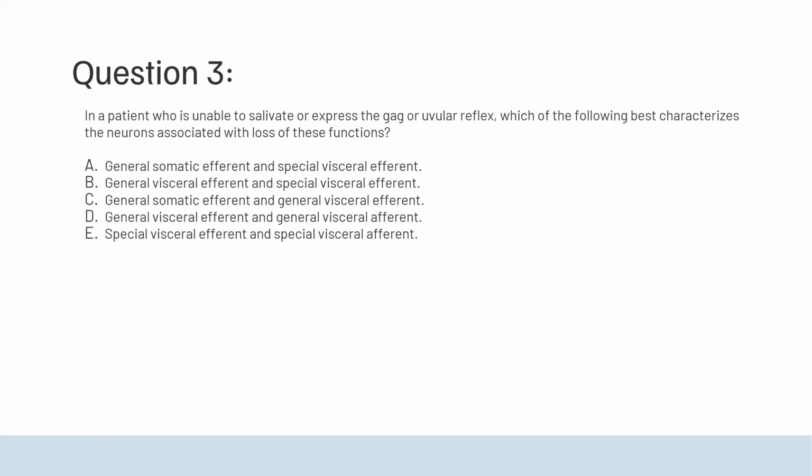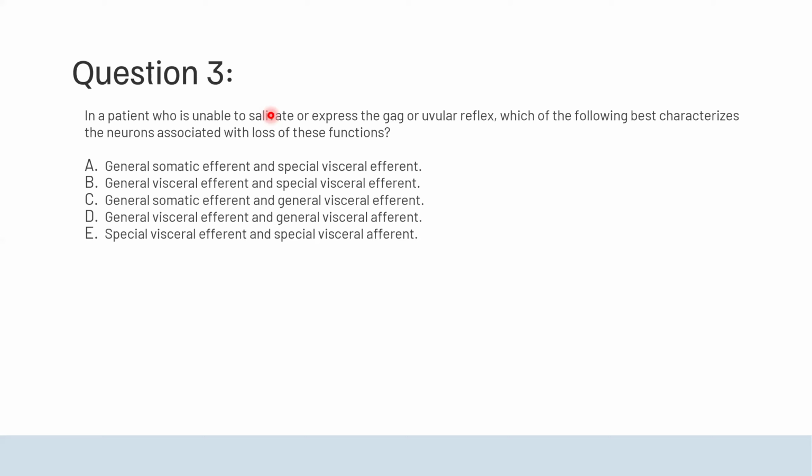B is actually correct, but this is super, super confusing. So, unable to salivate, when I talk about saliva, immediately think parasympathetic, general visceral, immediately. Okay? So is it efferent? Is it afferent?